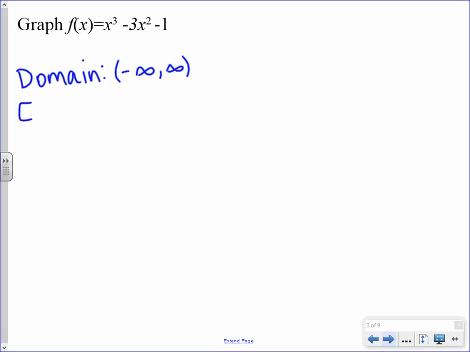The end behavior. Oh, I guess, sorry. Are there any discontinuities, Austin? No. There are no discontinuities because it's polynomial.